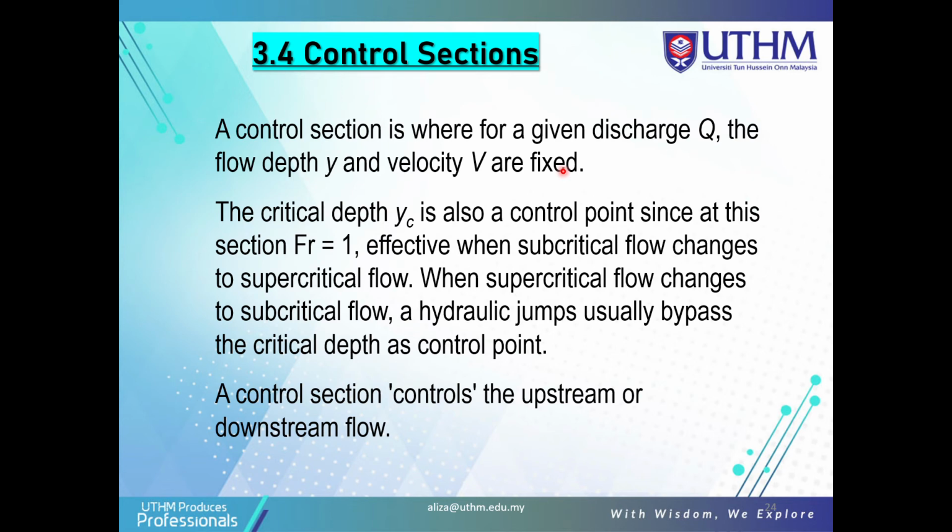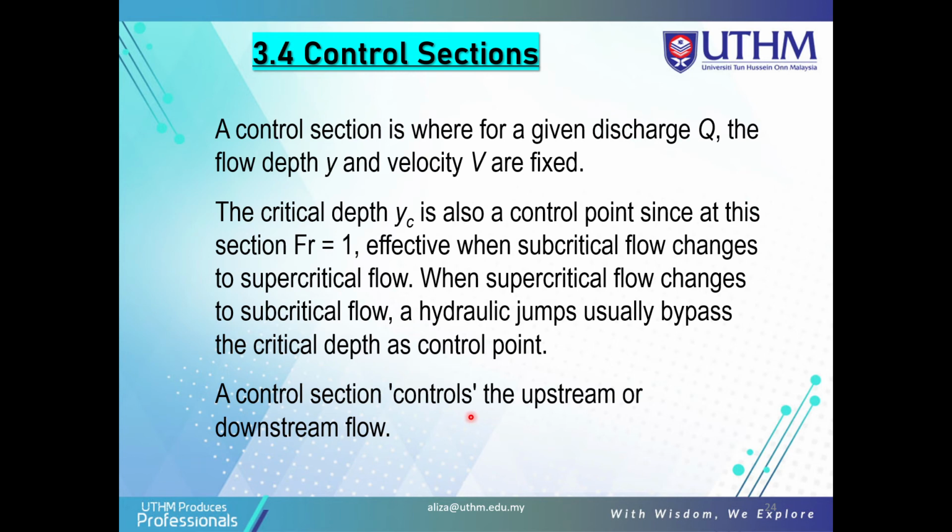The critical depth YC is also a control point, since at this section the Froude number is equal to 1. It is effective when subcritical flow changes to supercritical flow. When supercritical flow changes to subcritical flow, a hydraulic jump usually bypasses the critical depth as control section. So the control section controls the upstream or downstream flow. This is the definition of control section.